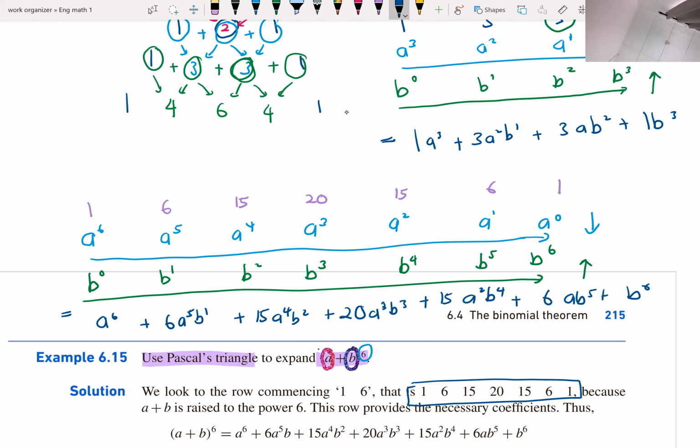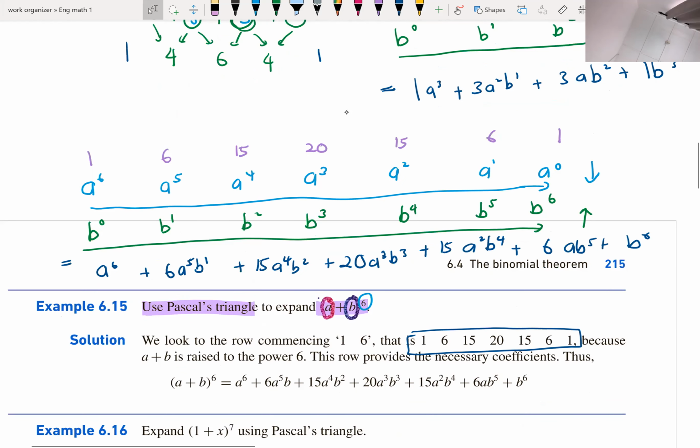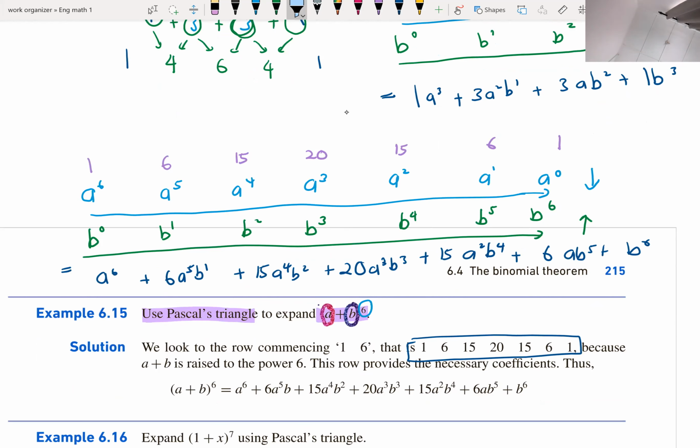So that's how to write it. The answer shown here is just the same.